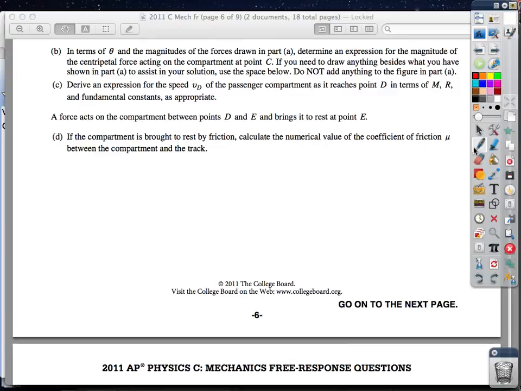All right. So if it's brought to rest by friction, the numerical value of the coefficient of friction. Here you could use calculus if you want, or you could just say the work done by friction is equal to the change in kinetic energy, which is also equal to the initial potential energy.